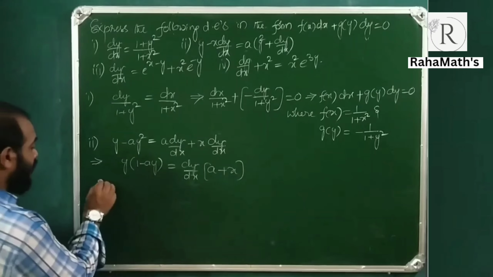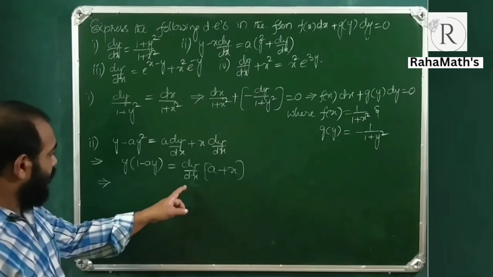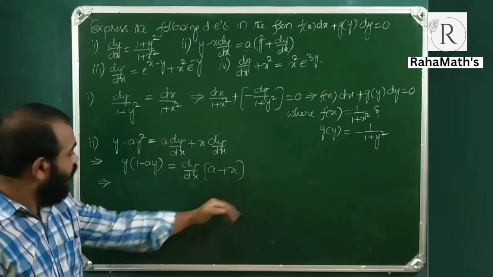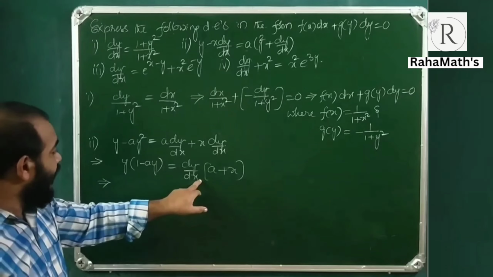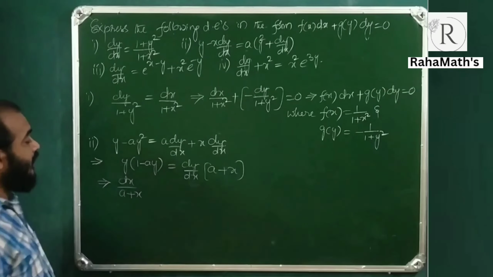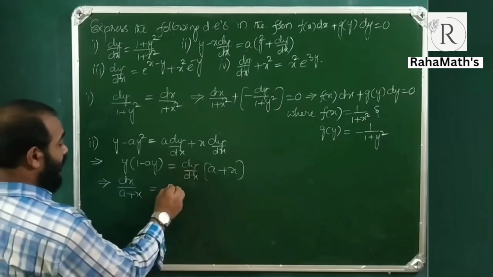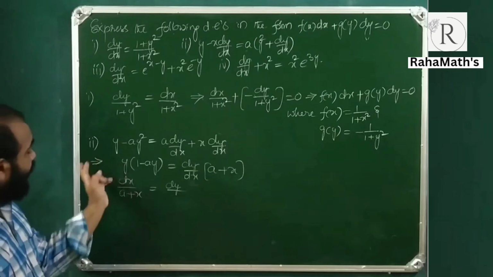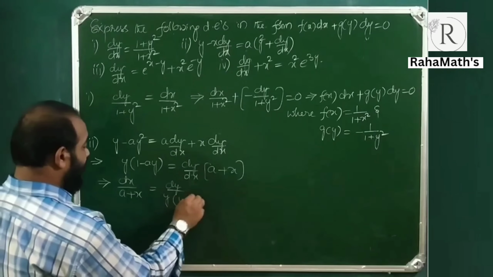So now this gives dx by (a plus x). If you transpose, then it will be dx by (a plus x) equals dy by y into (1 minus a y).